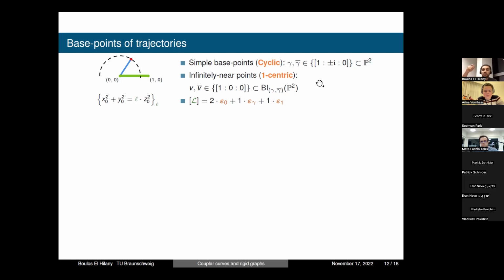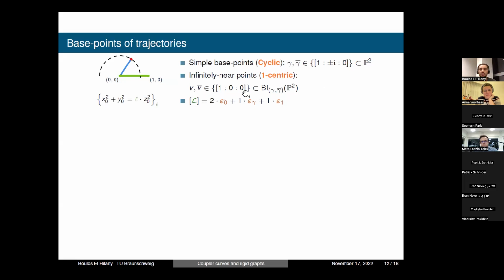Well, if I look at the blow-up of P2 at those two complex conjugate points, then one can make some computations. I'm going to skip it here. We blow up, so this means we change the variables, we restrict to our exceptional divisors, and we see that there are two other points.